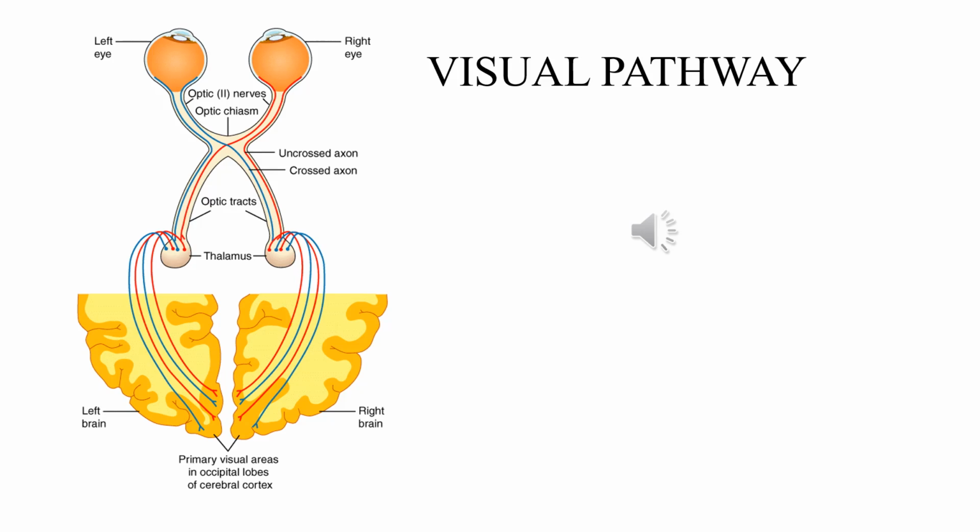From there they will pass on to the lateral geniculate body, and in the lateral geniculate body these will synapse. Axons from the lateral geniculate body then originate in the form of optic radiation, and these optic radiations will then terminate in the primary visual areas in the occipital lobes of the cerebral cortex.